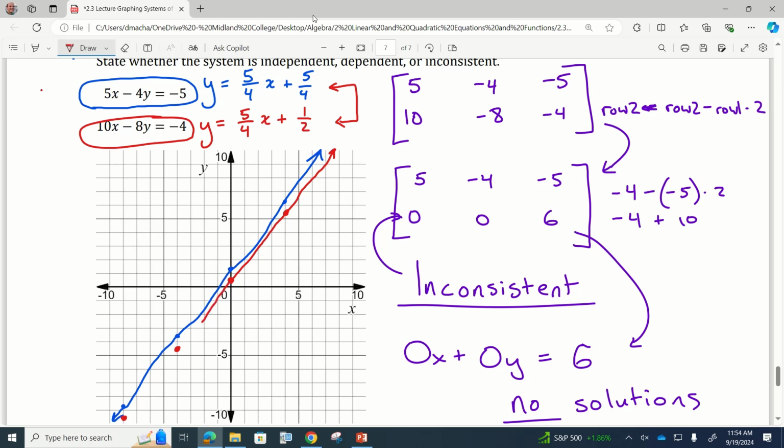And since they have the same slope, they will maintain the same distance from each other, no matter how far you trace them. And so if lines maintain the same distance from each other, they never intersect each other. That's what we call parallel lines. And since they don't have a point of intersection, they don't have a solution.